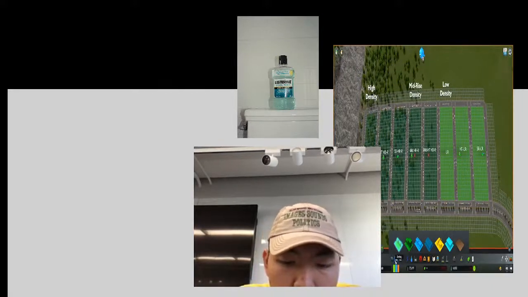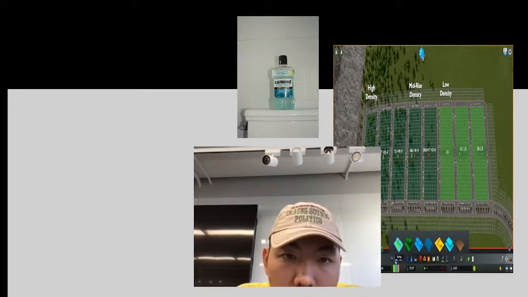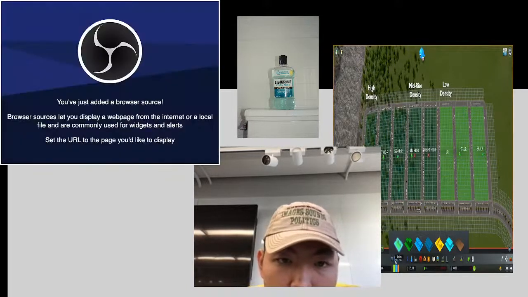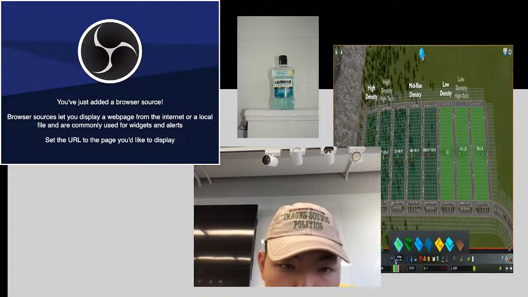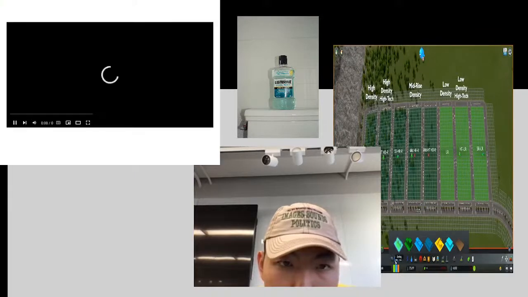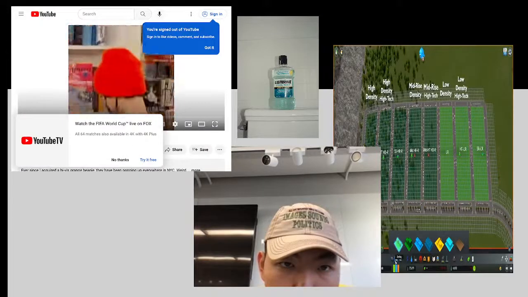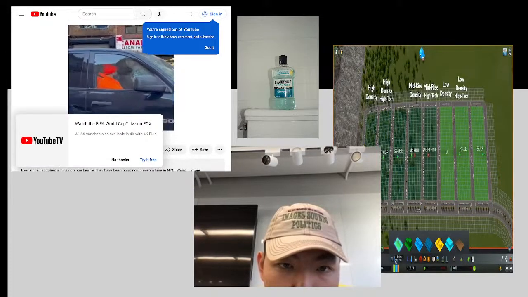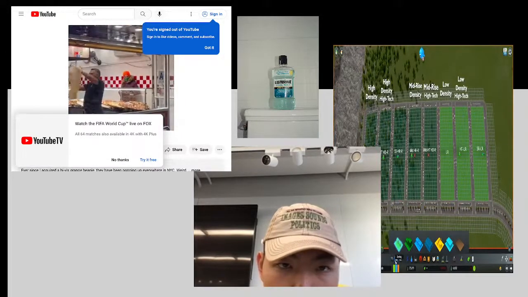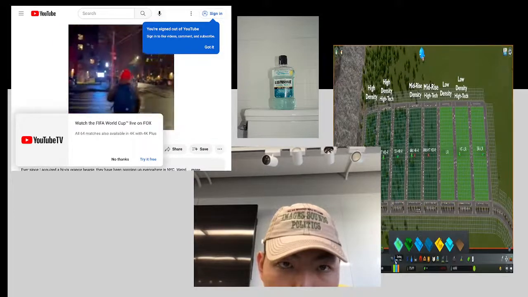A mid-rise zoning district by adding the high-rise ban policy to a district, which ostensibly prevents buildings from reaching level 5. Low and high density high-tech housing zoning districts by applying the high-tech housing policy to either a low or high density zoning district. And a mid-rise high-tech housing district by applying both the high-rise ban and the high-tech housing policy to a district.